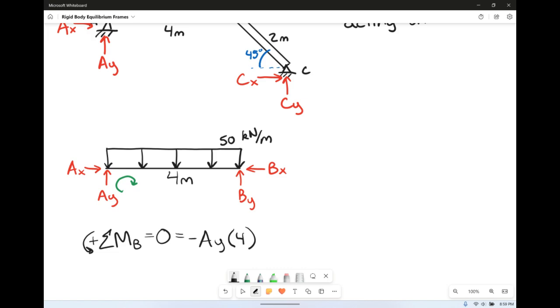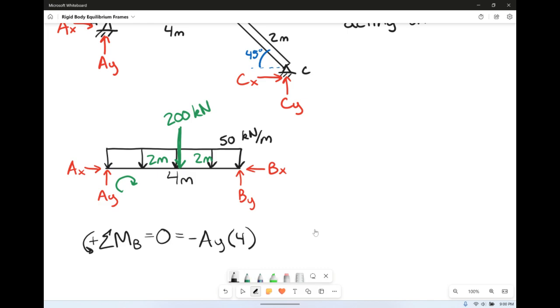Then we have a uniformly distributed load. What we need to do is break it into a resultant force right here at the middle, so that's where it will act. So we have 50 kilonewtons per meter times 4 meters. That's going to be 200 kilonewtons right there. And remember that it does act at the dead center, so 2 meters on each side.